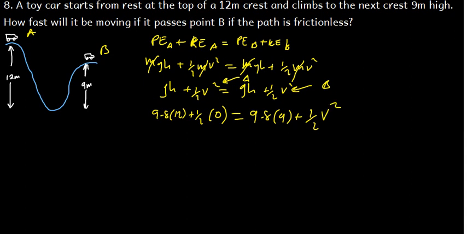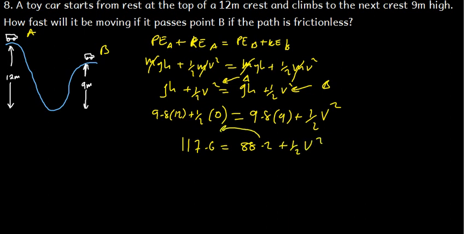So 9.8 multiplied by 12, this portion is giving us 117.6, and that will be equal to 9.8 multiplied by 9, which is 88.2 plus half v squared.